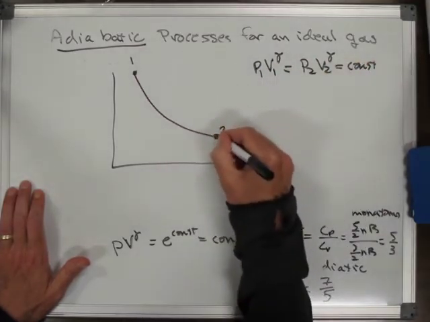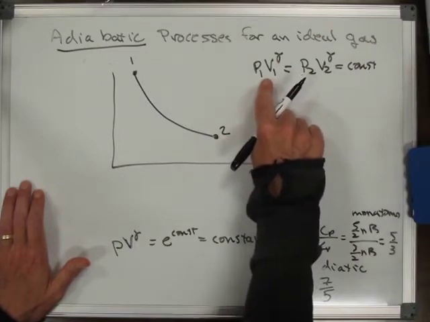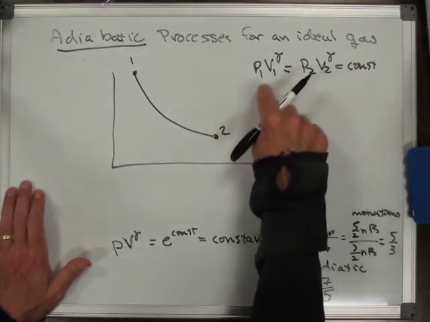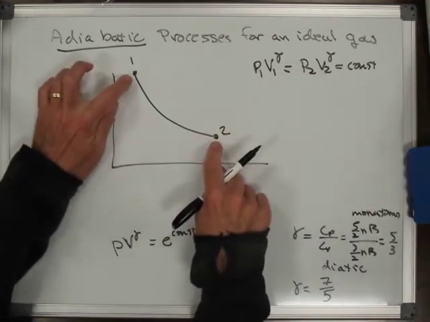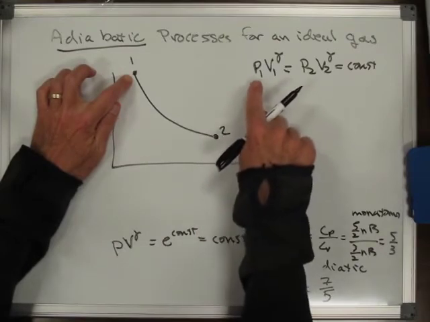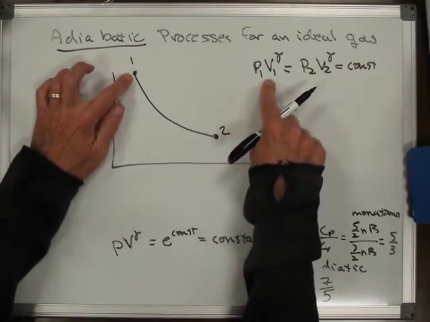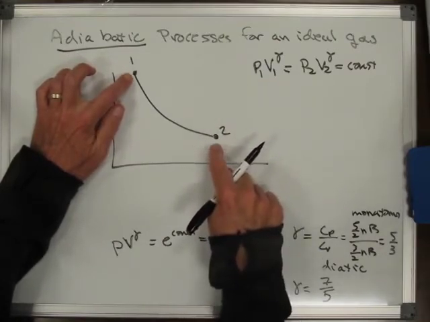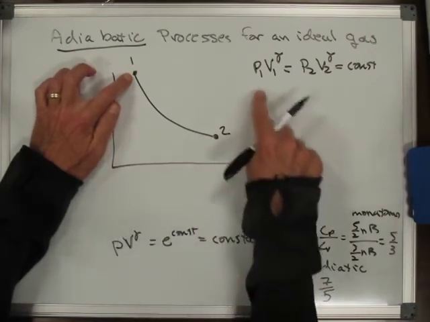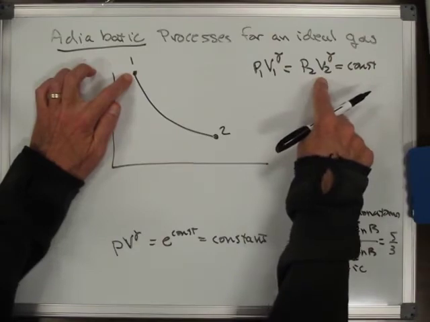Anywhere along this curve, in fact, if I evaluate PV to the gamma, it doesn't change. And so this is a tool for evaluating quantities at both ends. So if I know the pressure and volume here, and I want to know what the volume is at this new pressure, if it's an adiabatic process, I can use this equation to determine that volume.